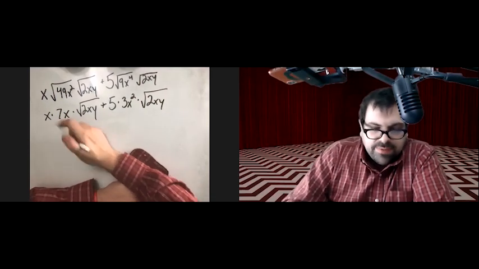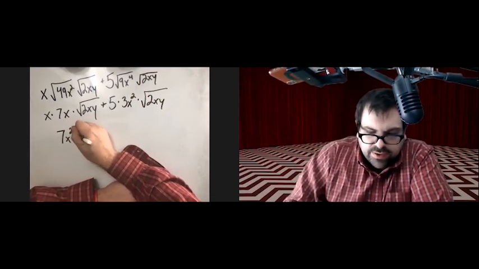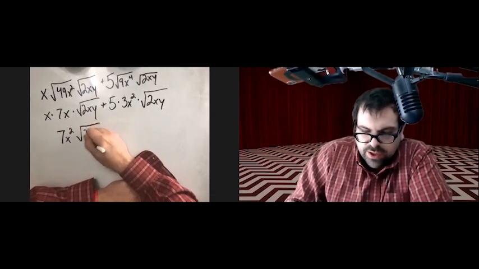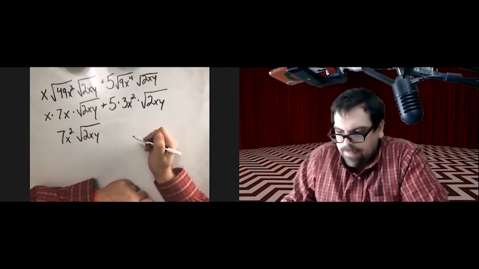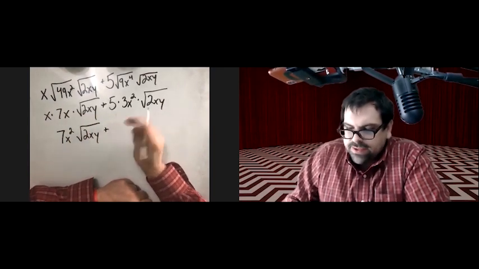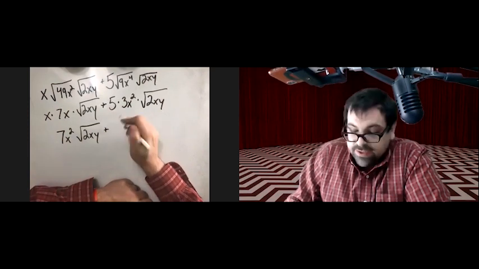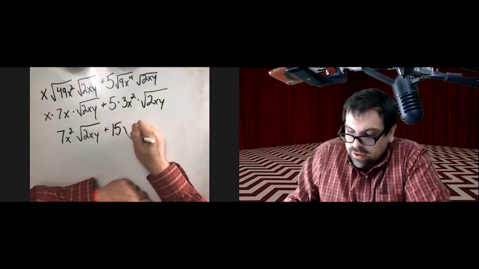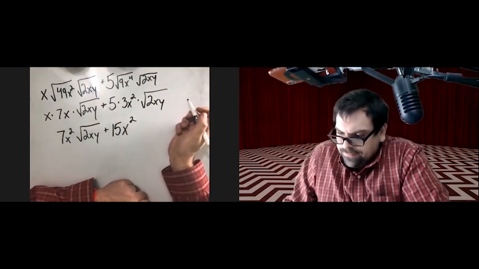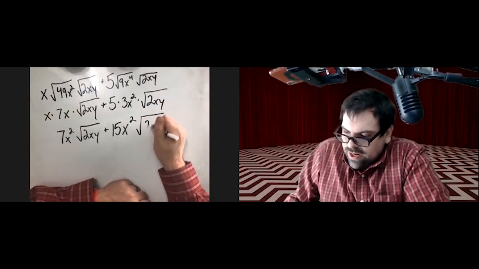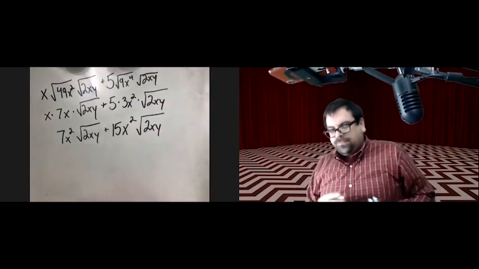And then x times 7x is 7x squared. So we have 7x squared radical 2xy, plus 5 times 3x squared is 15x squared, times radical 2xy.